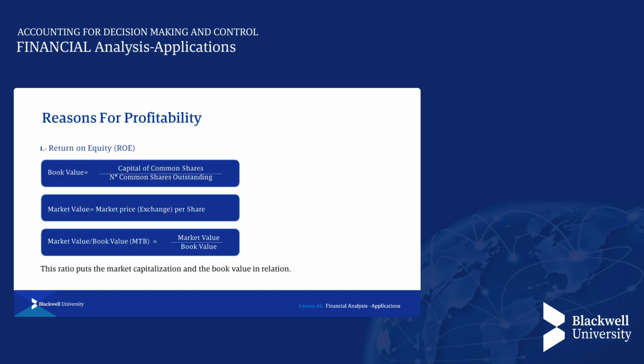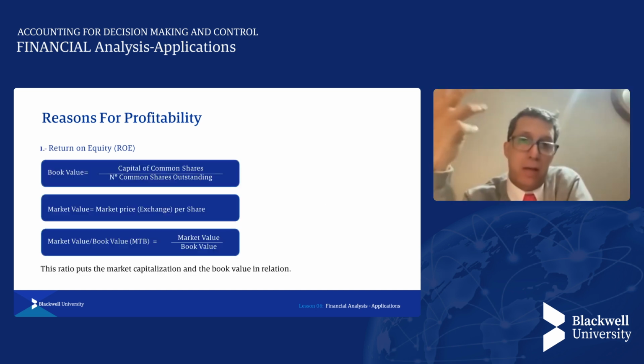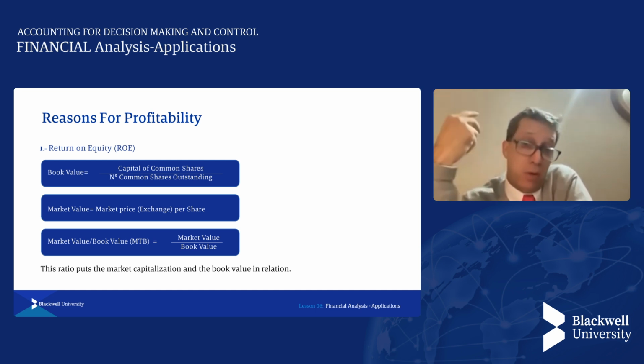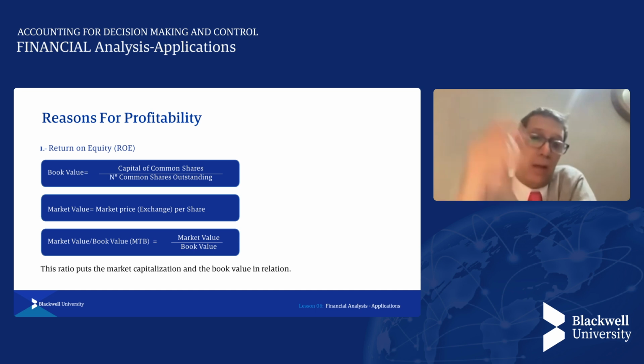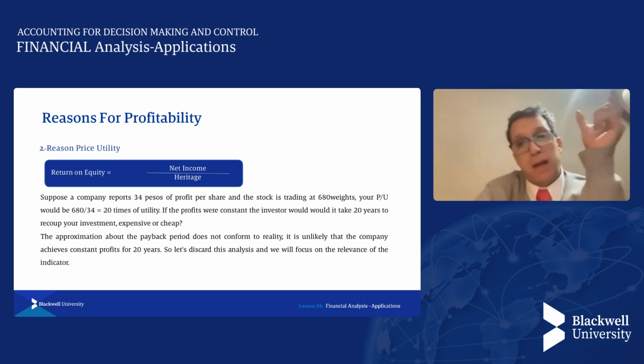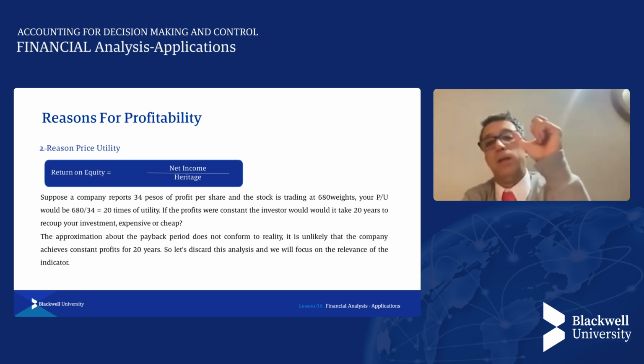And then, as we mentioned, we have market indicators, where this is essentially valid for companies that are publicly traded. Otherwise, it doesn't make much sense. How to calculate market value is the stock market value, right? The equity is the book value, okay. How does that ratio move? Next, the price to earnings ratio, where we take the market price of the stock and divide it by the earnings per share.